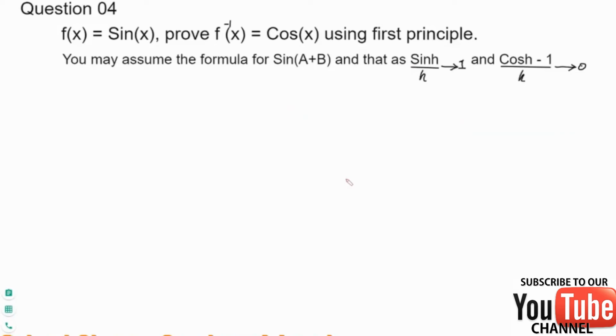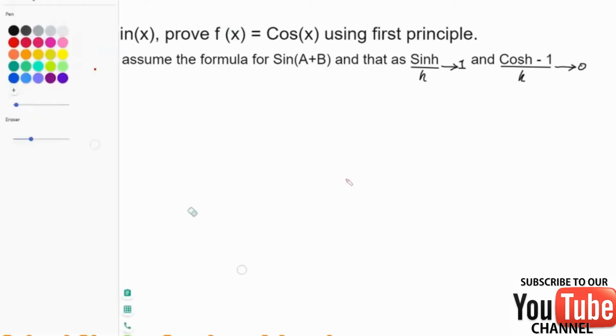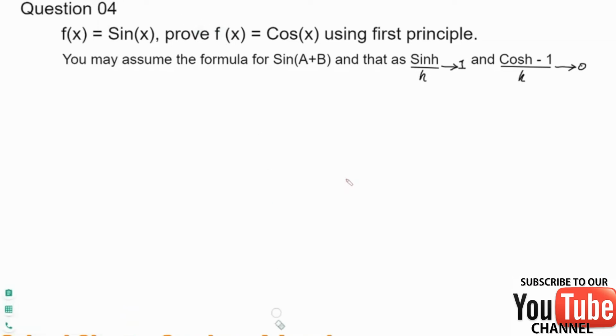This time, a couple of past papers have this trigonometry derivative. You can use sin h over h. Let's read the question. f of x equals sin x. Prove, not again, I'm just making the notations wrong. So f of x is given as sin x, and they're asking f dash x.